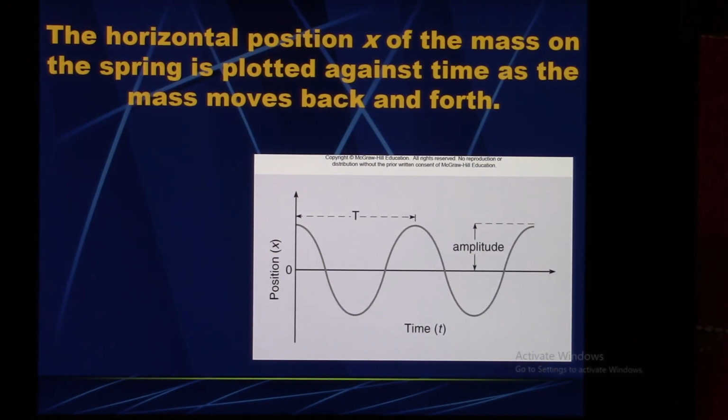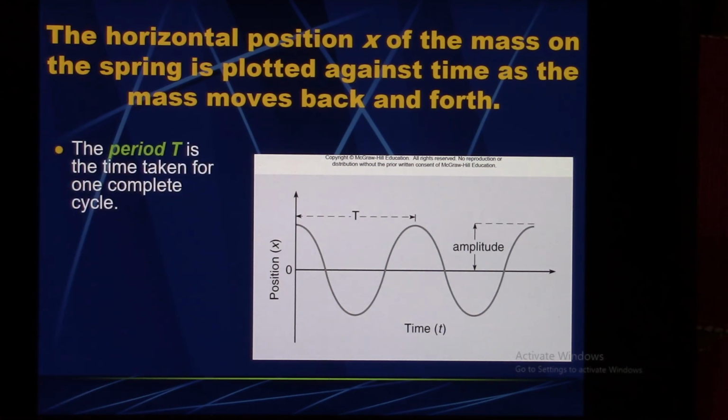Okay, and this is showing oscillatory motion here. So this T here stands for the period. So the period is one cycle. So it'd be from peak to peak.